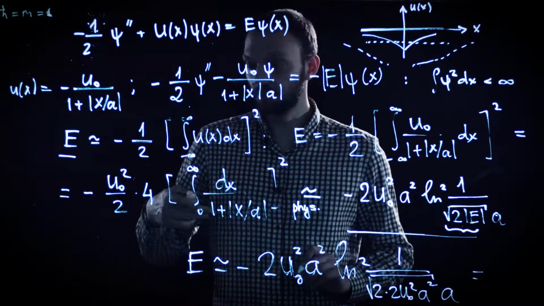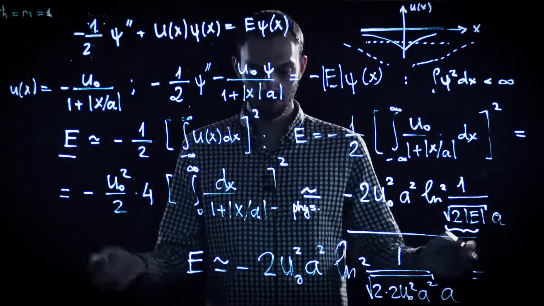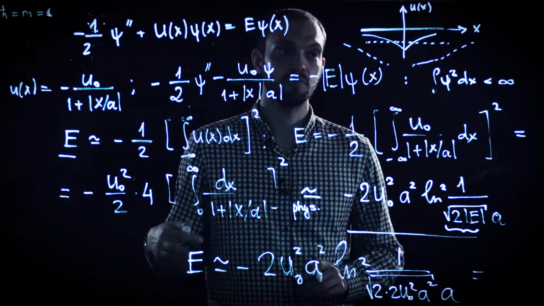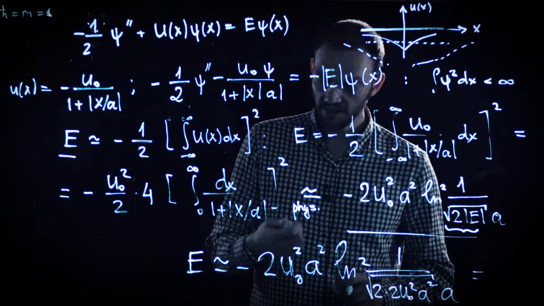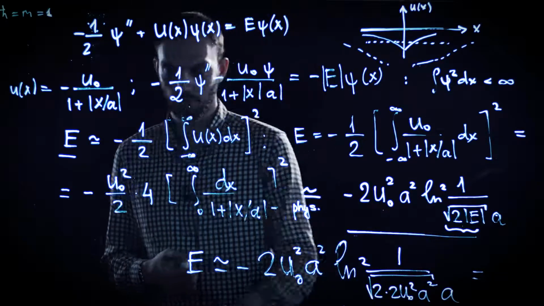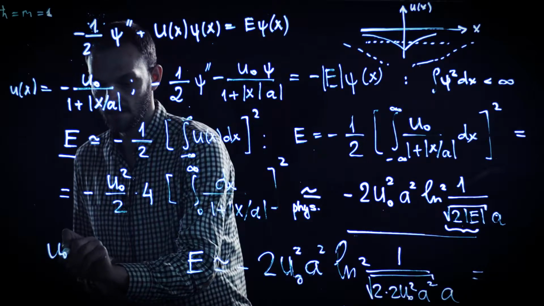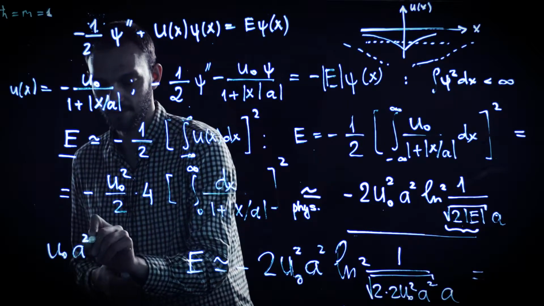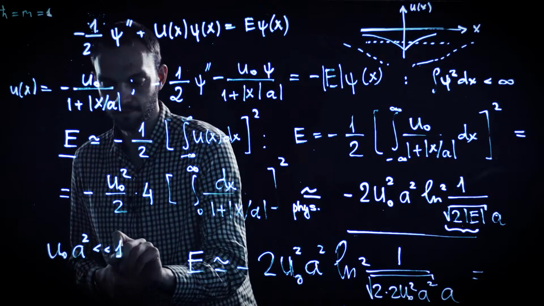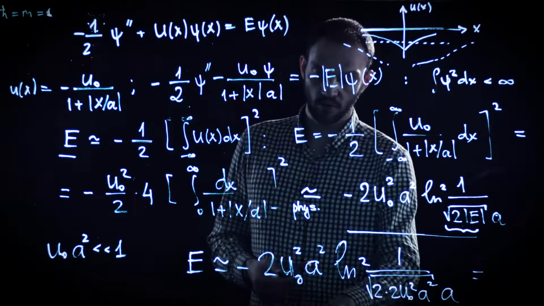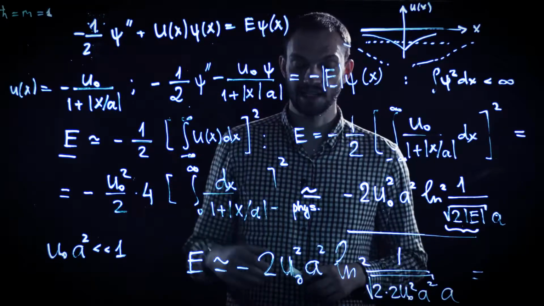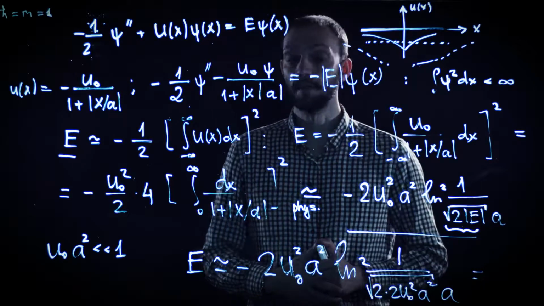And please have in mind that in performing this estimate, we have assumed that the potential is weak. In practice, it means, of course, for a given problem, that the following parameter is a small number, which means that here the logarithm is large and the energy is slightly enhanced by this logarithmic factor.